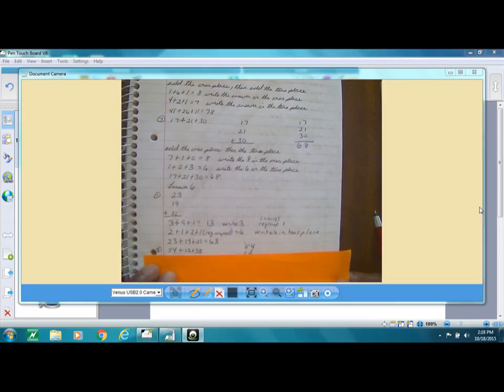The next one they give us is 54 plus 12 plus 38. Take a second to finish writing the previous problem and the answers to the previous problem and get this one set.